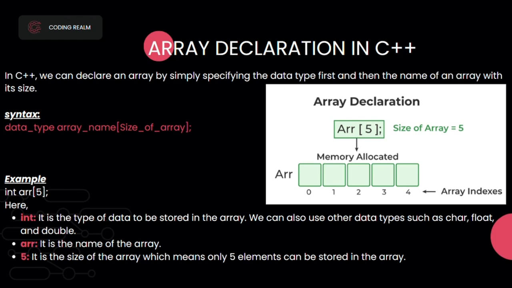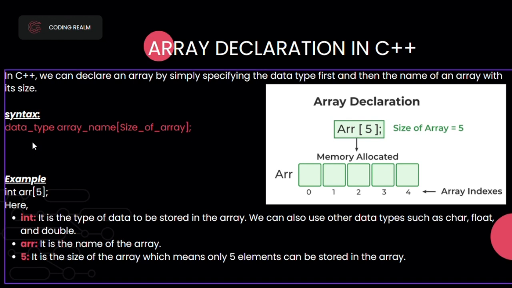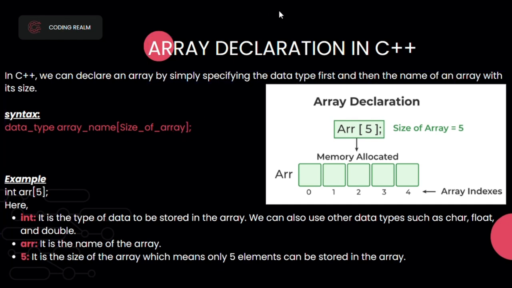Now, the declaration of an array in C++. In C++, we can declare an array by simply specifying the data type first, then the name of the array variable with its size. Here is the syntax of the declaration of an array: the array type, array name, and size of the array.